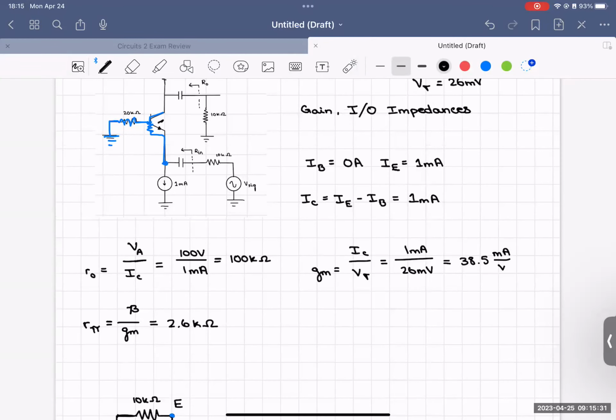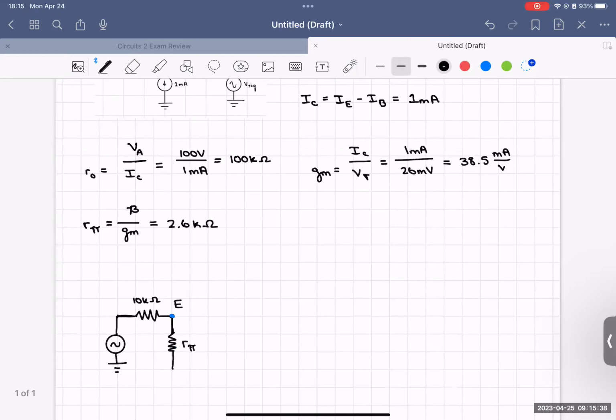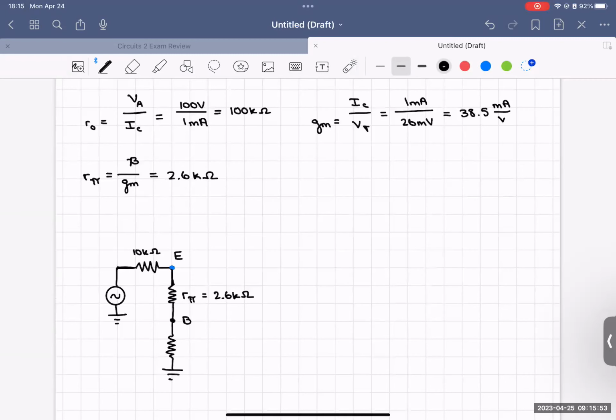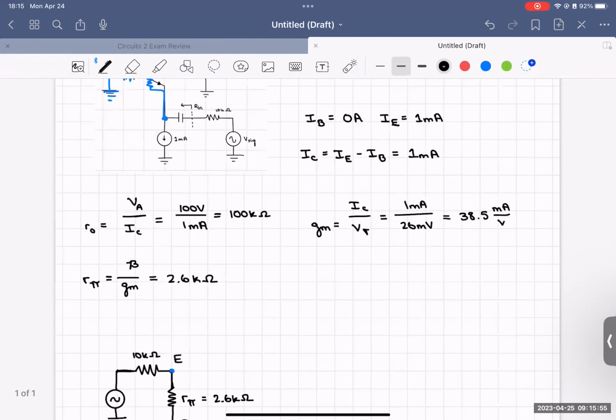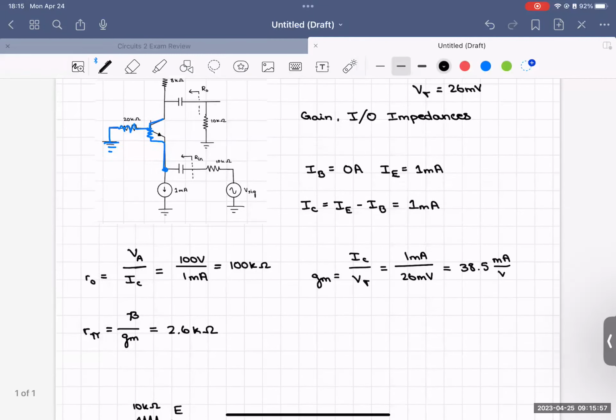That's not little r o. That's our r pi, my bad. So we'll have our little r pi, which is 2.6K. And then we'll have our base here, which is tied to ground, with a resistance of 20 kilo ohms.